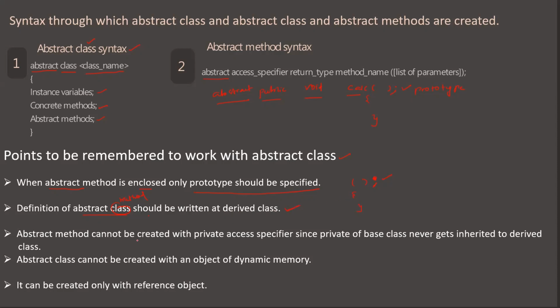An abstract method cannot be created with the private access specifier, since you know that private members of the base class never get inherited by the derived class. Is that point clear? An abstract class cannot be instantiated with dynamic memory allocation, as we have discussed. It can be created only as a reference object. We have seen that in the previous slide.